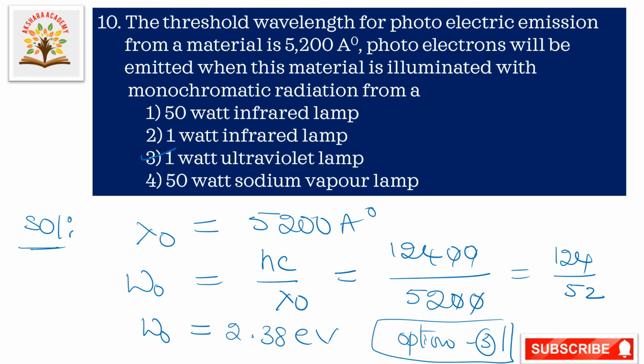Because for ejection of electrons, the incident ray should have more than 2.38 electron volts, and ultraviolet rays have energy greater than that. So option 3 is correct. So monochromatic radiation from a 1 watt ultraviolet lamp is the correct answer. Okay. Thanks for watching this video.